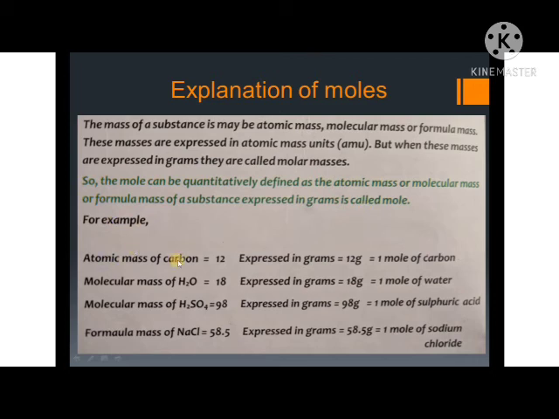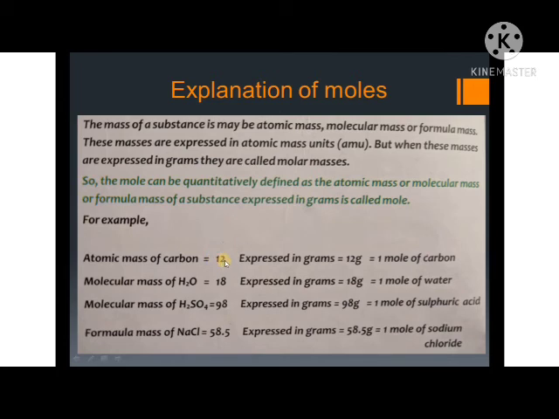Atomic mass of carbon. We know that carbon is equal to 12 AMU. See the periodic table for confirmation. In the periodic table, we can find that carbon is equal to 12 AMU. So the atomic mass of carbon is 12.